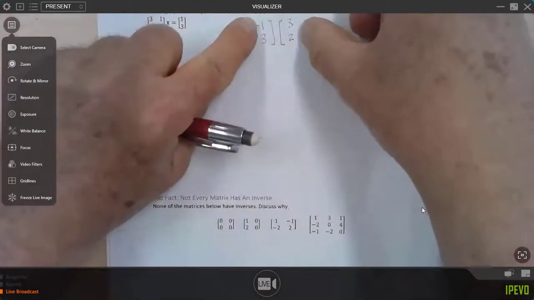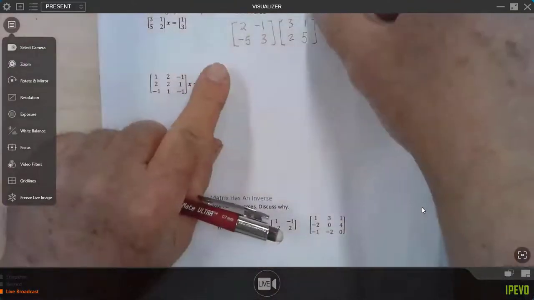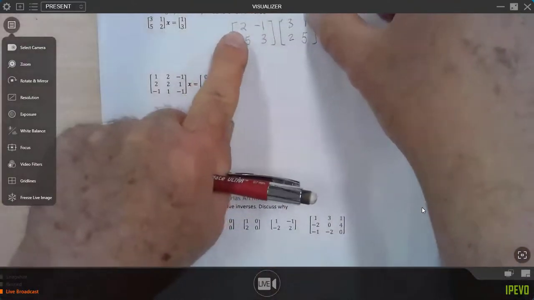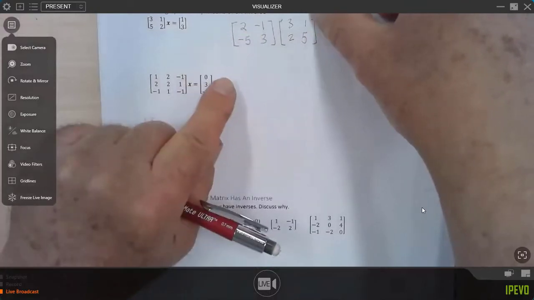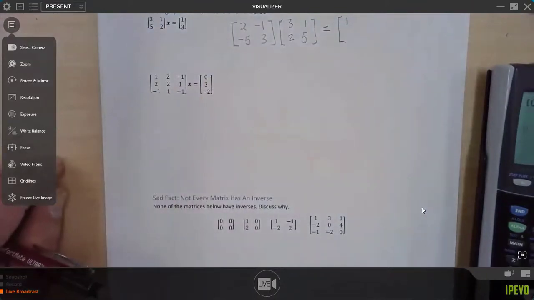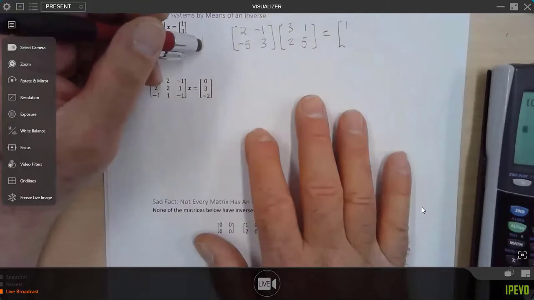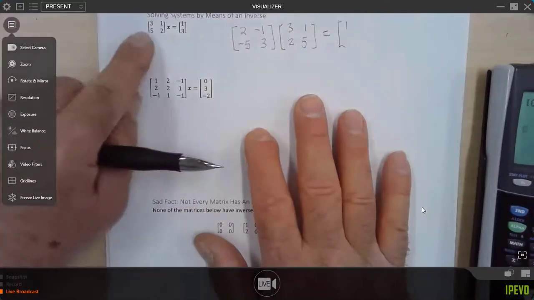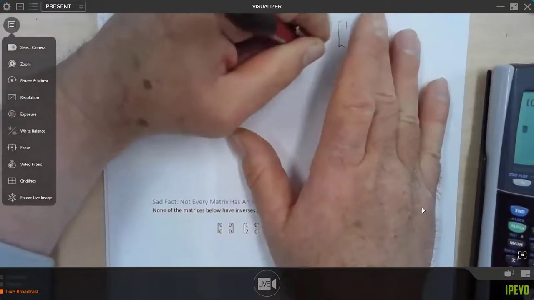Well, 3 minus 2 is 1. Good start. I flipped the entries.